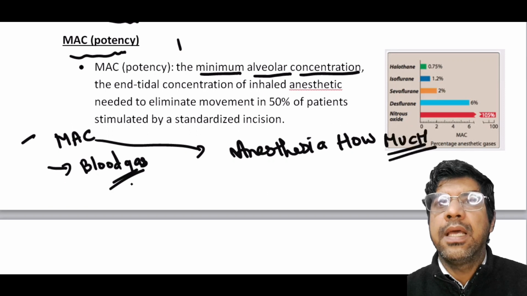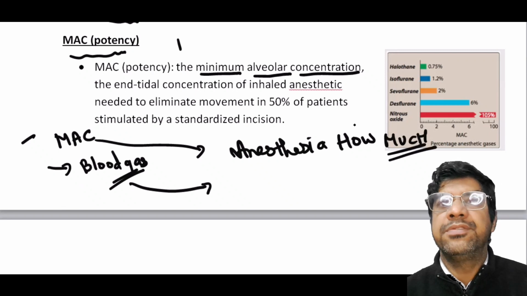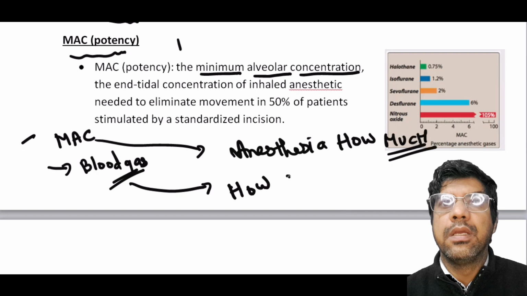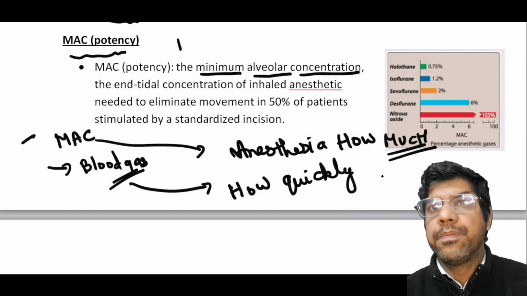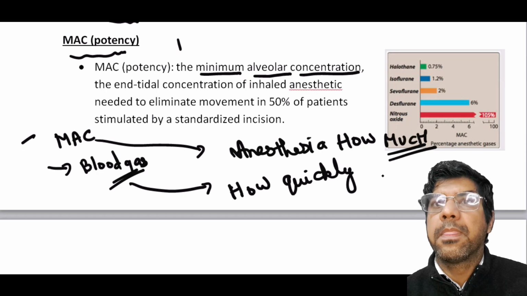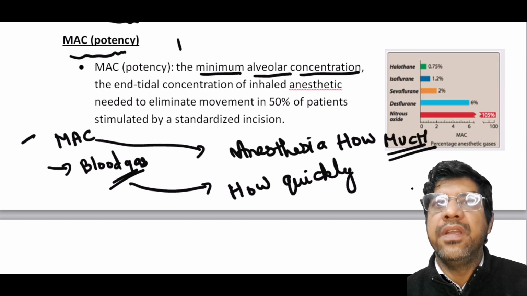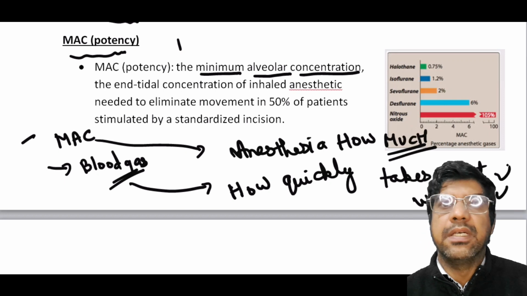And the blood gas partition coefficient helps us understand how quickly the anesthesia will take effect and wear off during general anesthesia.